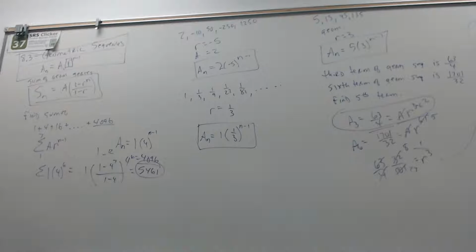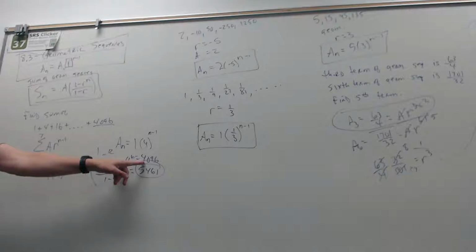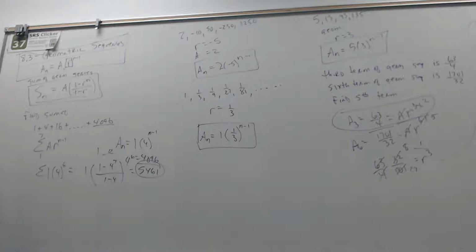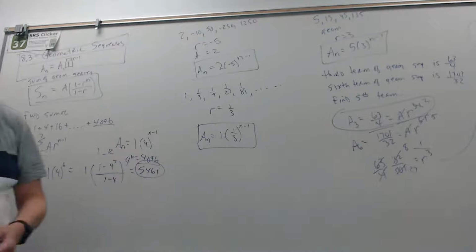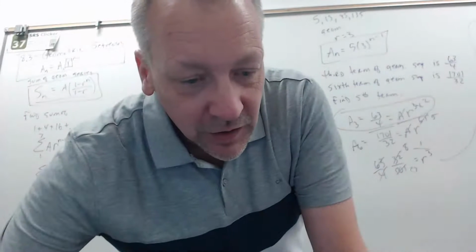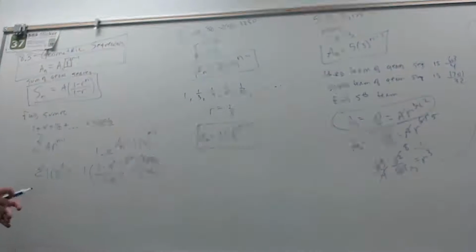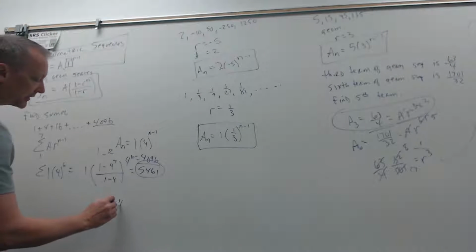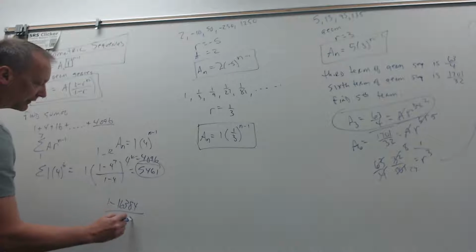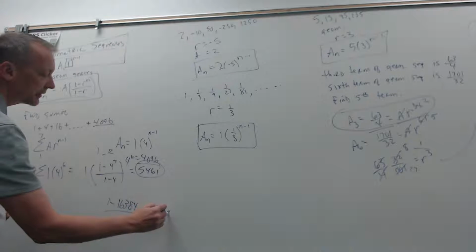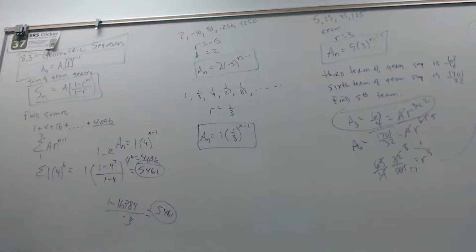No, that can't be. It's got to be greater than that. 16,000 or 17,000. What is it? 16,384. 1 minus 16,384 over negative 3, which equals 5461. Okay, does that make sense?